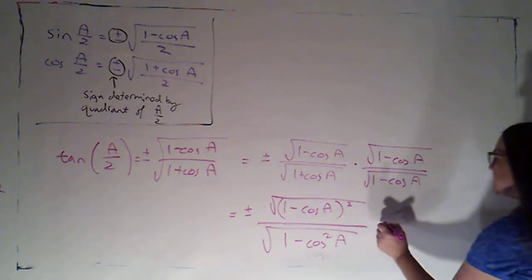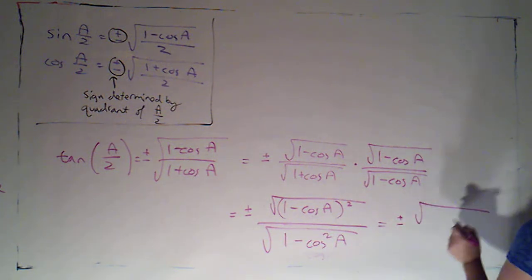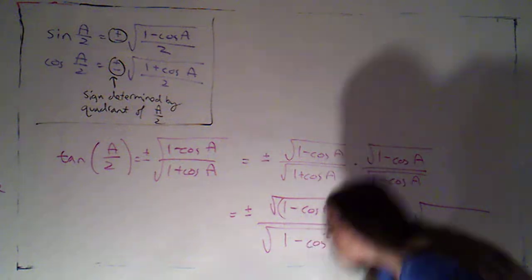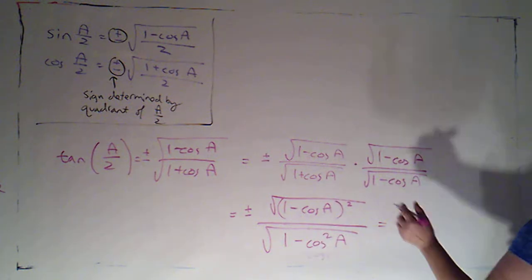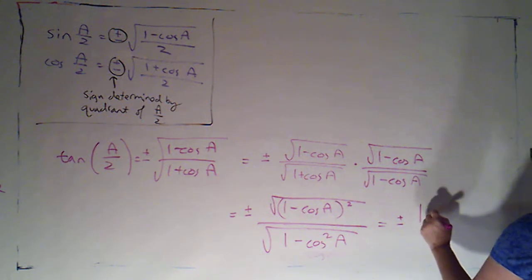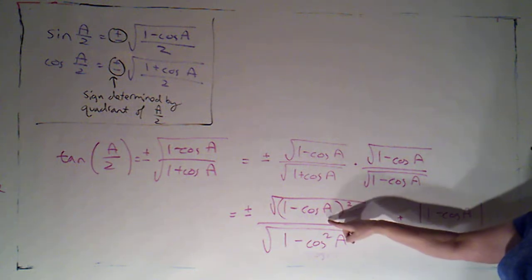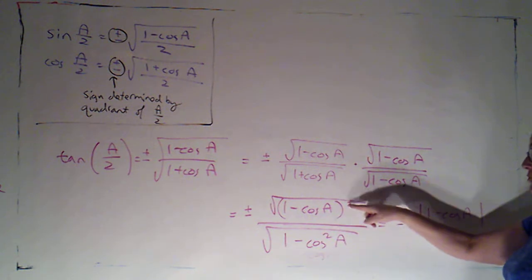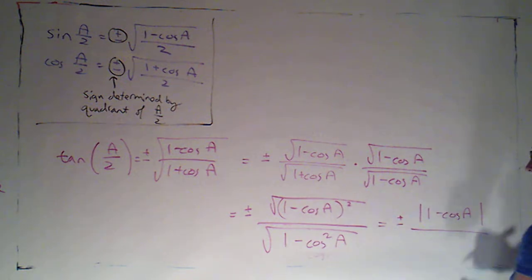I can simply say that's going to be the absolute value of 1 minus cosine of A, because anytime I have a variable quantity and I square it and then take the square root, I get the absolute value of that thing.